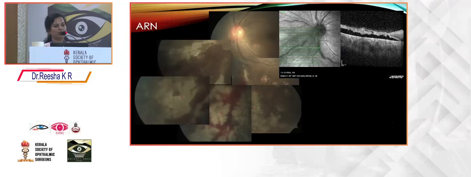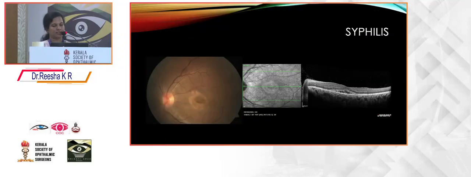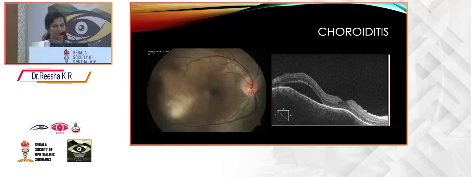And in acute retinal necrosis, OCT shows full thickness loss of retinal cells. And it's a case of syphilis causing outer retinal lesion. Outer retinal, these hyperreflective dots above the RPE is the hallmark of syphilitic lesion with fluid detachment.